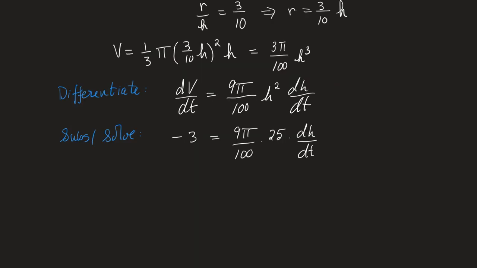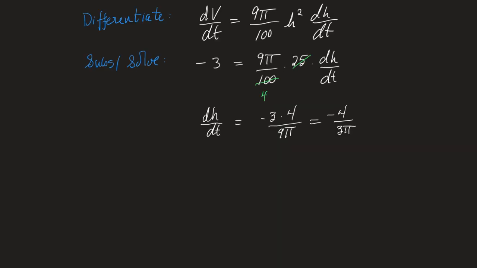When I substitute in what I've been given, this is what I get. And I can simplify that now to solve for dH by dt. And I get dH by dt is minus 4 over 3 pi. And that was in centimeters per second.